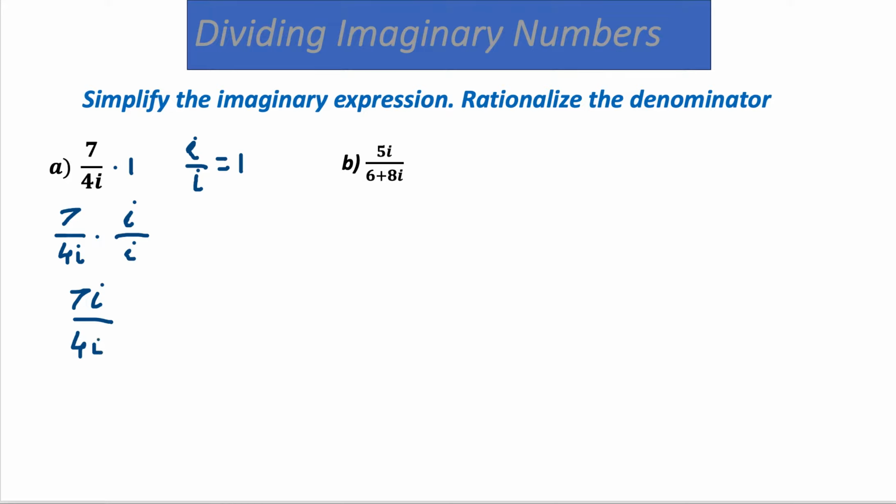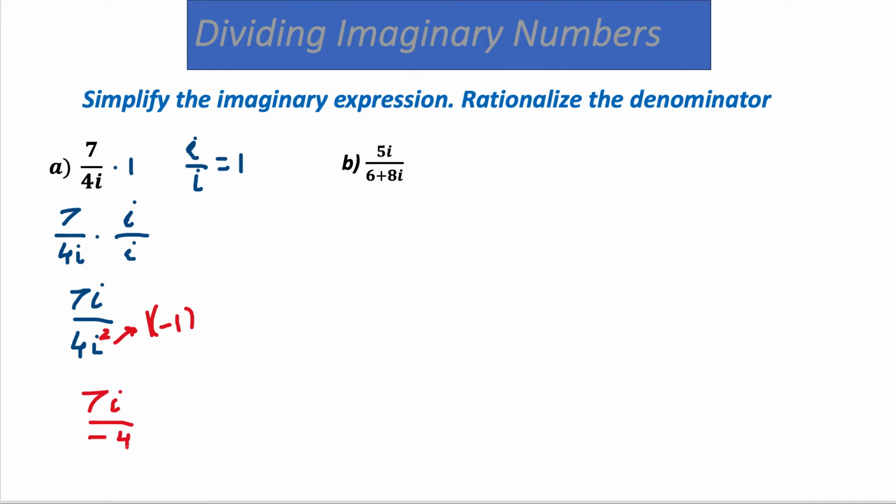According to the definition of complex numbers, we already know this i squared is equal to minus 1. And now minus 1 times 4 is minus 4. So the result here is going to be 7i divided by negative 4.